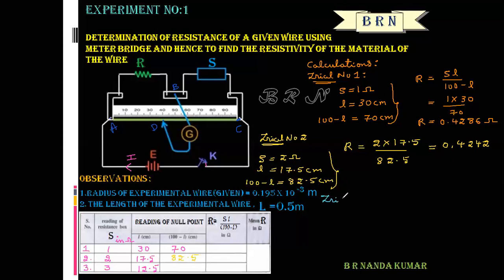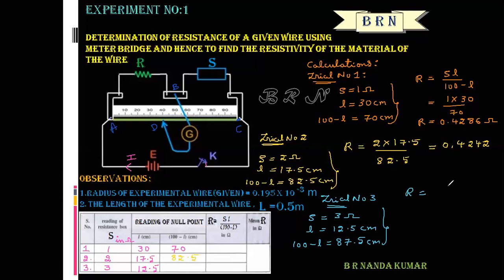Trial number 3. Okay. So in the third trial, what is the value of S? S value is 3 ohm. L value is 12.5 centimeter. 100 minus L, 100 minus 12.5 is 87.5 centimeter.